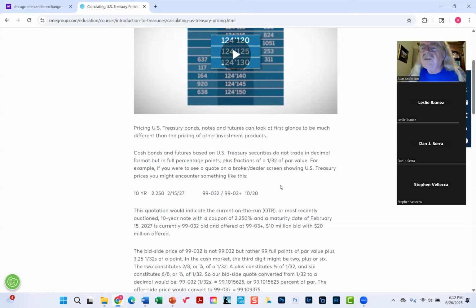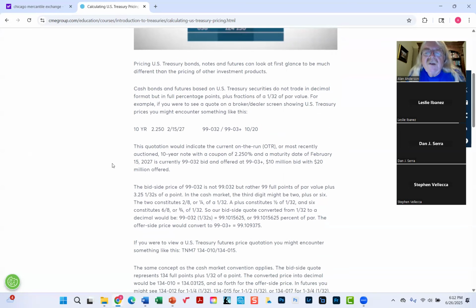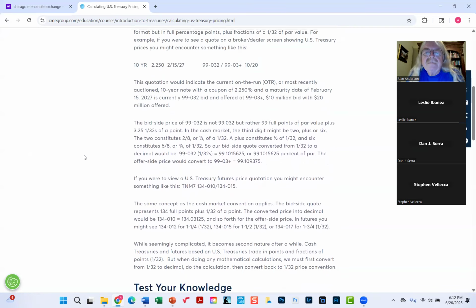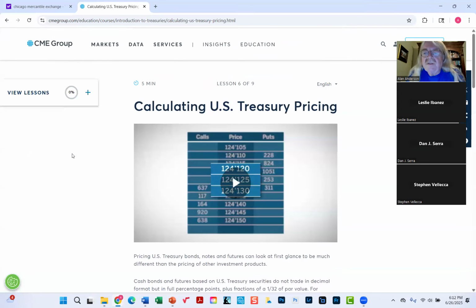Stocks were using the system until relatively recently, but 3 means 3/32. 3 plus means it's halfway between 3 and 4, which means you're looking at 7/64ths of a dollar. It's kind of ridiculous that they never went to the decimal system, but that's how it's done, if you can believe it. I guess it's just because that's always how it was done.